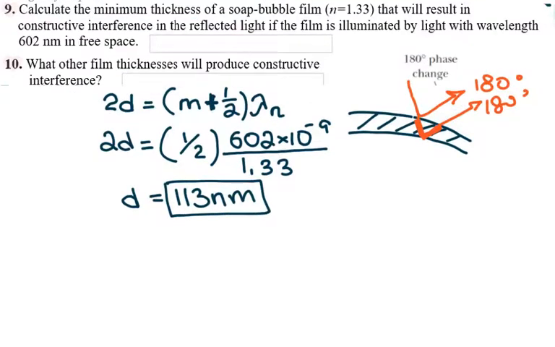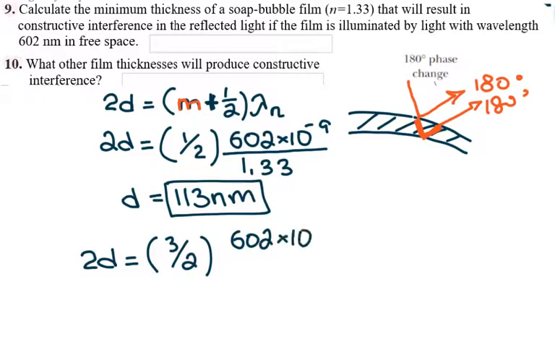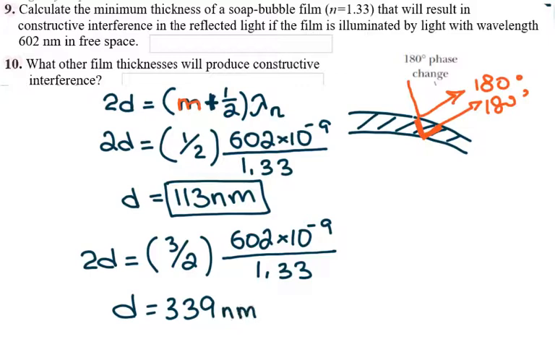For the next question, they ask what other film thickness will produce constructive interference. So instead of plugging in m equals 0, I'm going to plug in 1. Then I will have 2 times the distance is equal to 1 plus 1.5, which gives me 3/2, times 602 times 10 to the minus 9 divided by 1.33. So in this case, d would be equal to 339 nanometers.